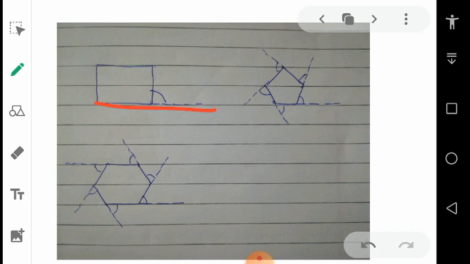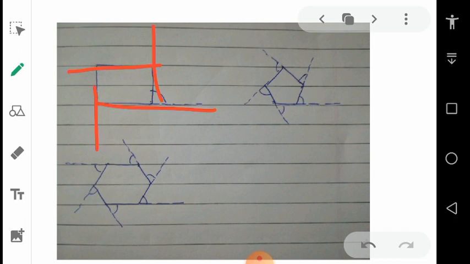Now are there more ways to construct an exterior angle? Yes, obviously you can extend this side also, this also, and this also. So there are a total of four exterior angles. See the next figure, which is a pentagon, and you can understand how to construct all the exterior angles in a polygon.